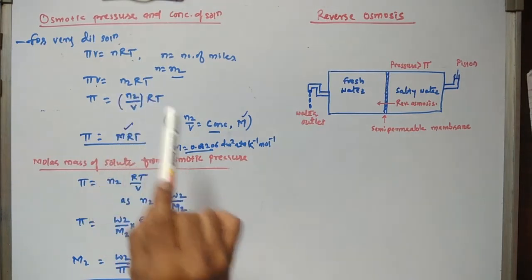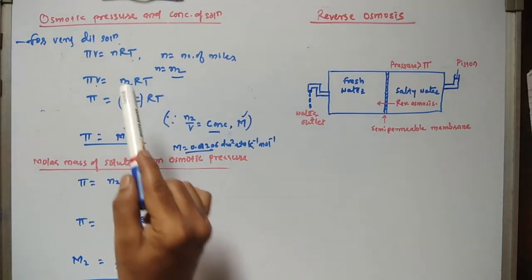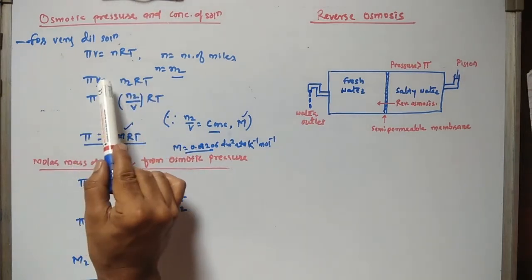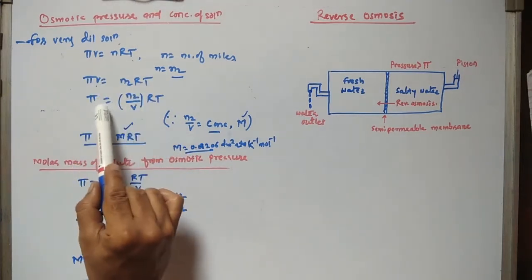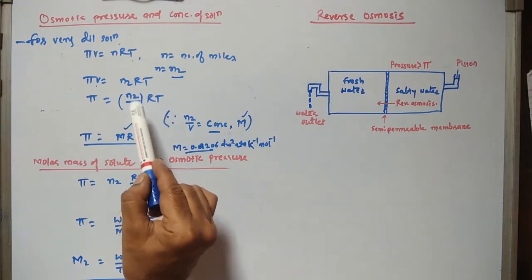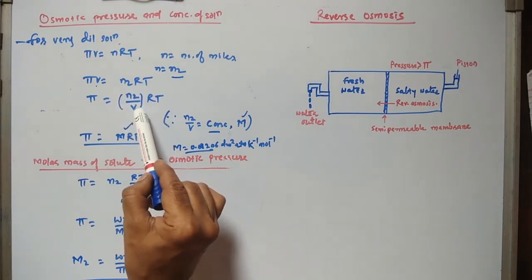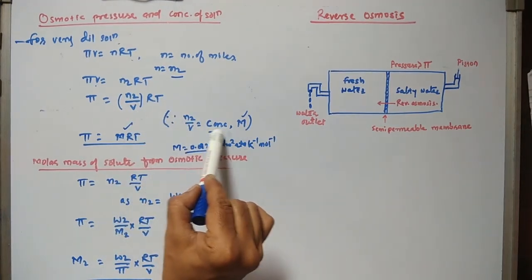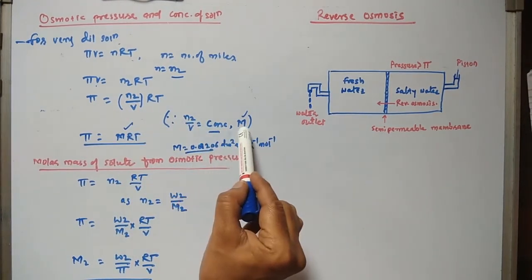Now n2 is the number of moles of the solute. Rearranging this equation, V is taken to the right side: pi is equal to n2 upon V into RT. n2 upon V, the number of moles per unit volume, is the concentration term, expressed in molarity.